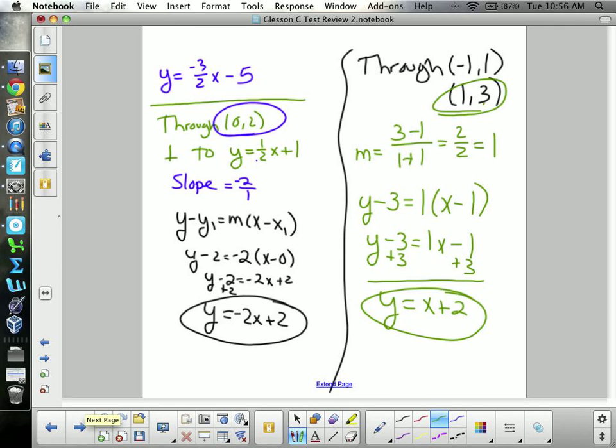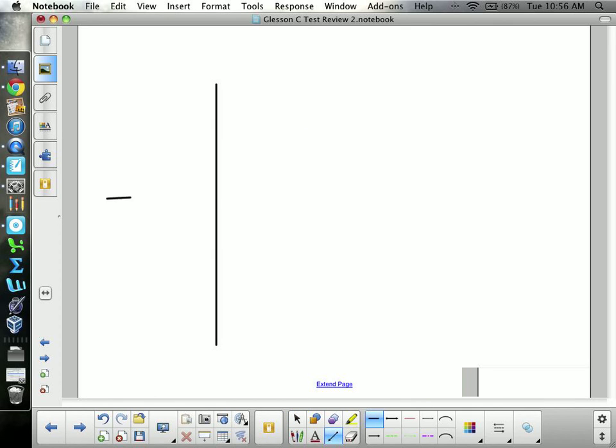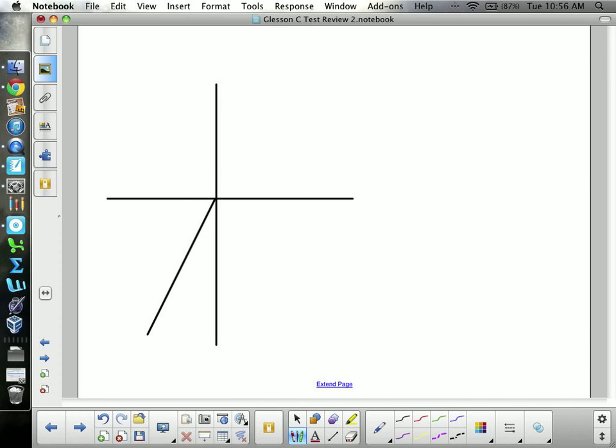Okay? Everybody okay with that one? Last one. What's going to be the relationship for those two angles, the 3x minus 6 and the x? I've got 3 choices.